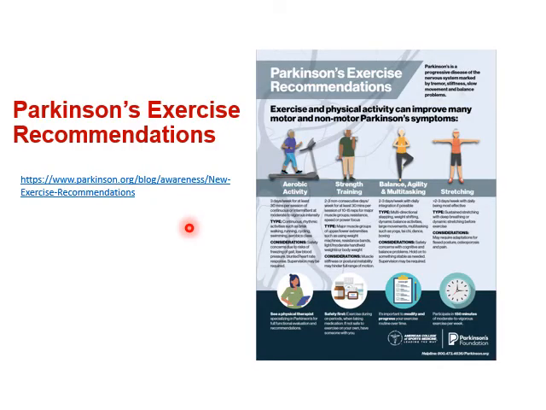The recent Parkinson's exercise recommendations proposed that people with Parkinson's participate in 150 minutes of moderate to vigorous exercise per week. And the types of exercise include aerobic activity, which is 3 days per week for at least 30 minutes per session, continuous or intermittent, at moderate to vigorous intensity.